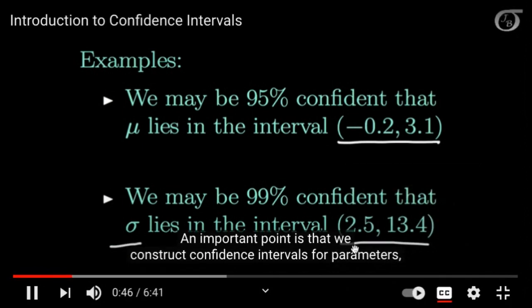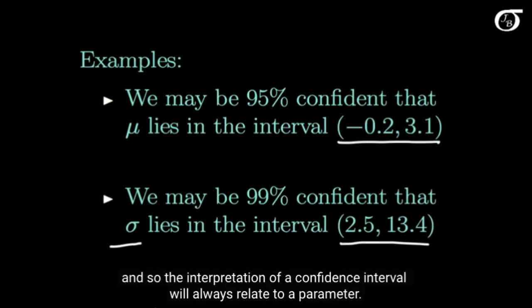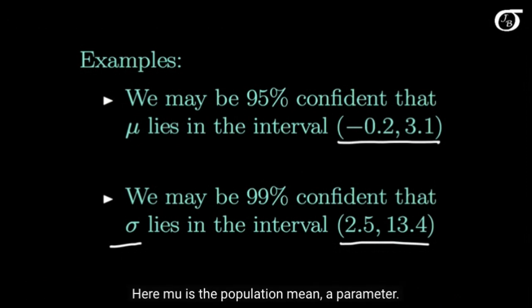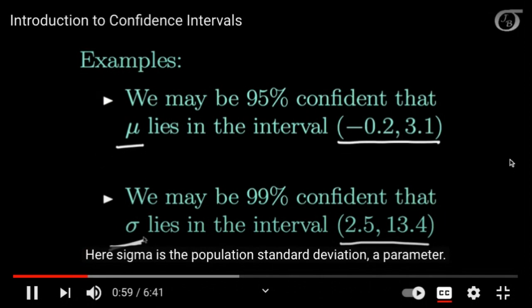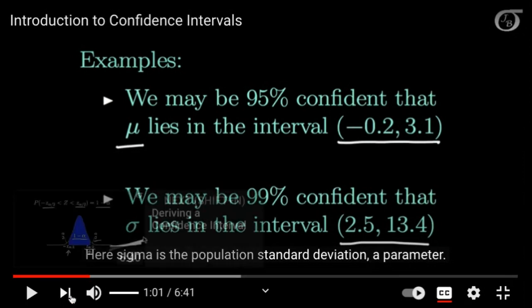An important point is that we construct confidence intervals for parameters. And so the interpretation of a confidence interval always relates to a parameter. Your mu is a population mean, a parameter. Your sigma is population standard deviation. Okay, so remember, a parameter is referring to the population, not the sample. Okay, that's important.